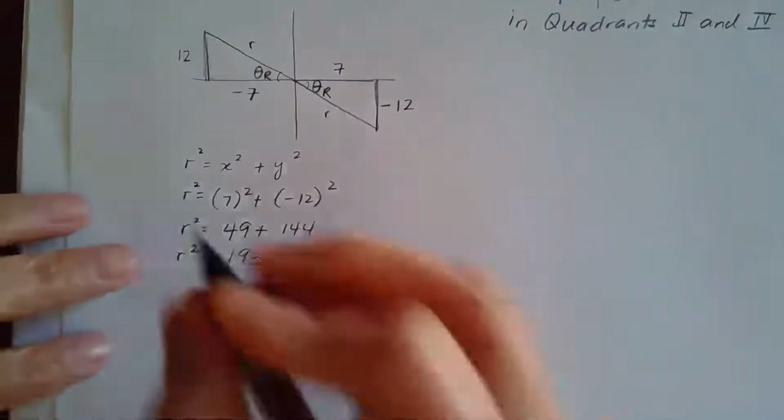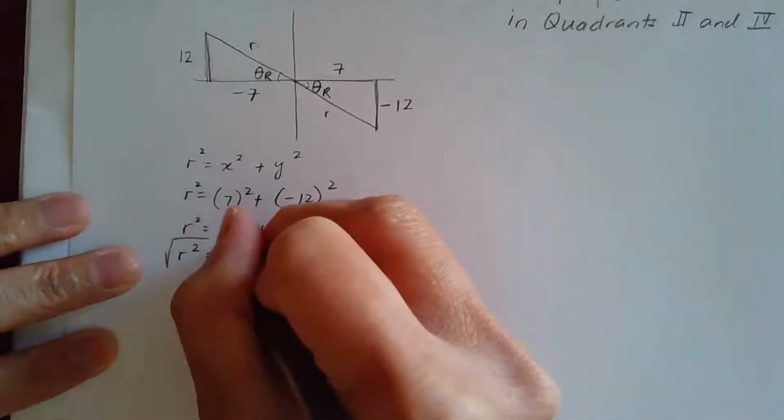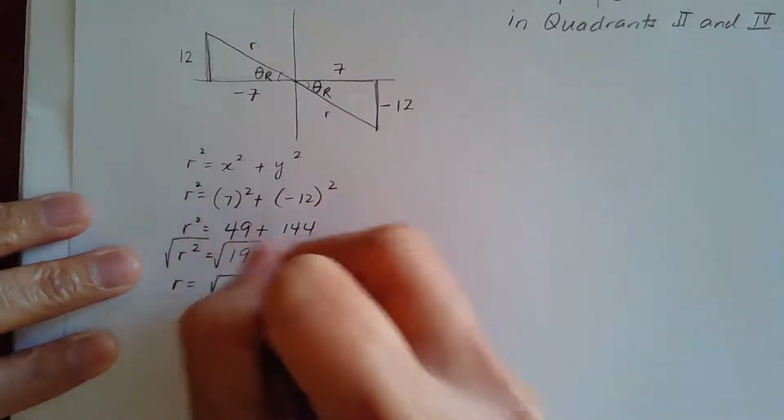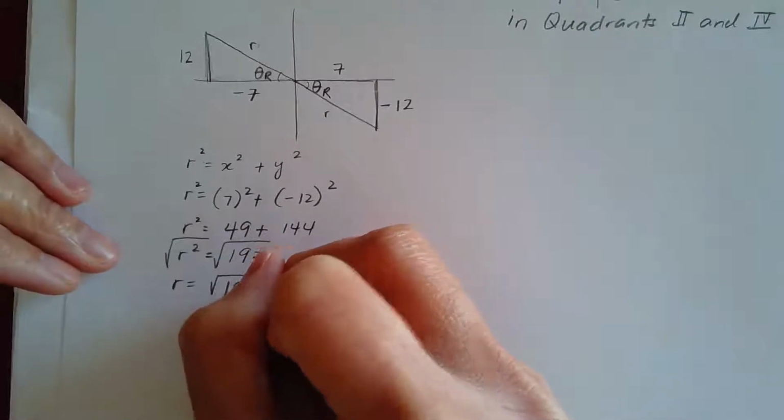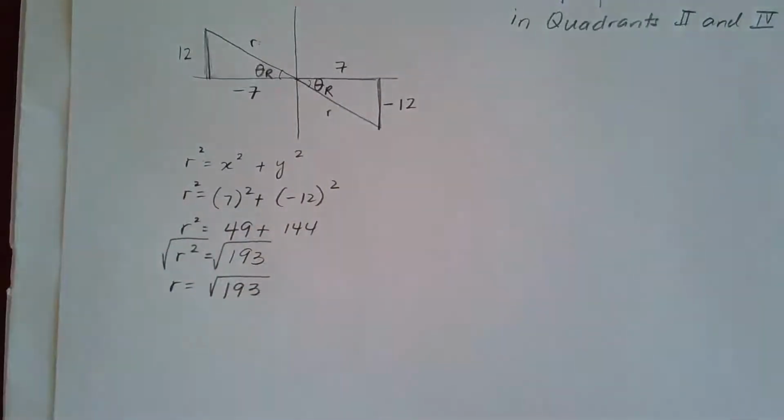And then we want just r. r is equal to the square root of 193. And that's to be exact. We're not going to round this off. We're going to just keep it as the square root of 193.